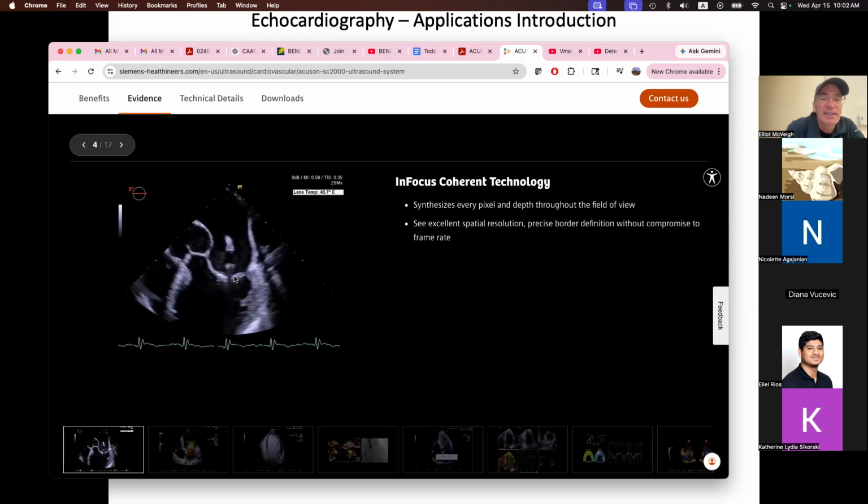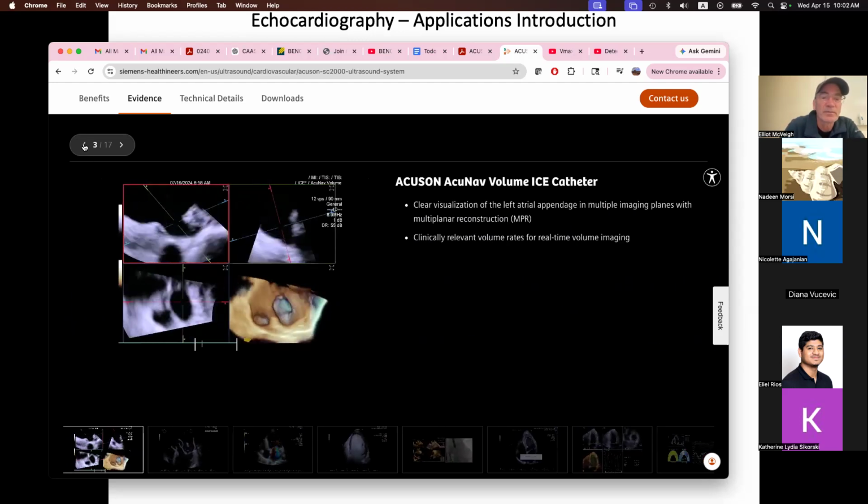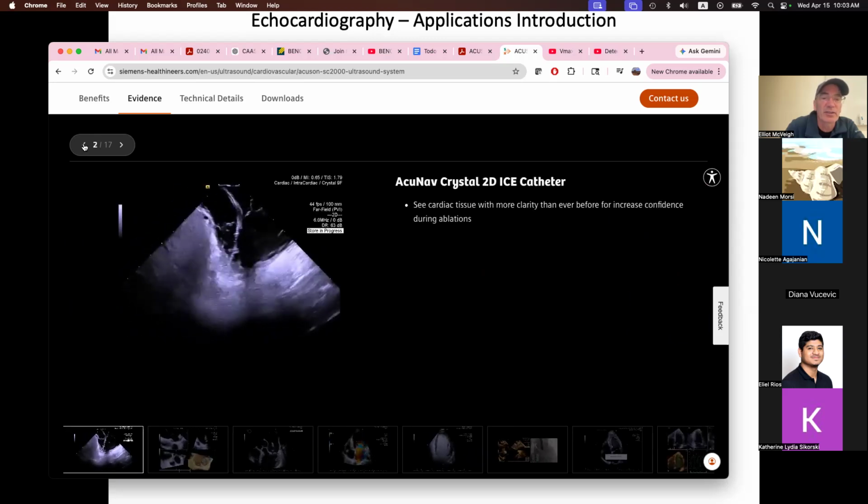And then this is the mitral valve that is being held together by some kind of device, right? And it's pretty cool that you can visualize it so well. This is left atrial appendage visualization. We'll look at another case of this actually in a second, so we don't have to pause there.